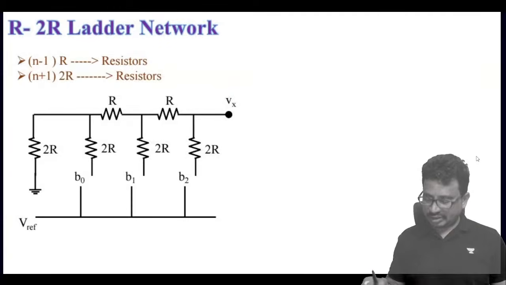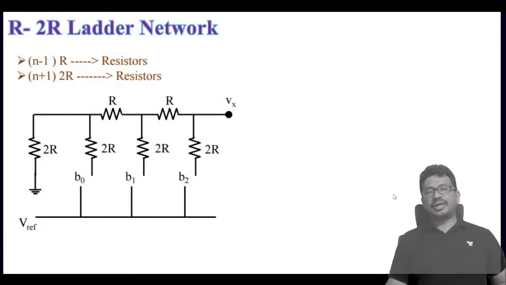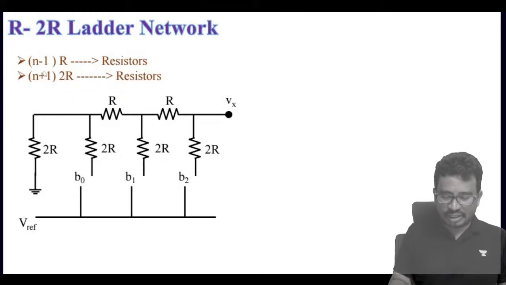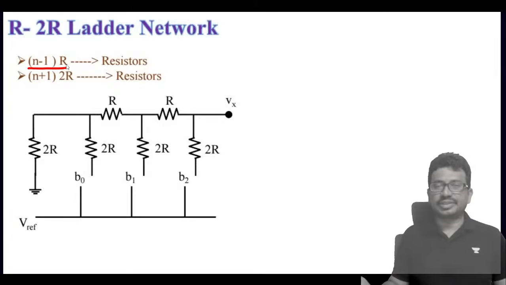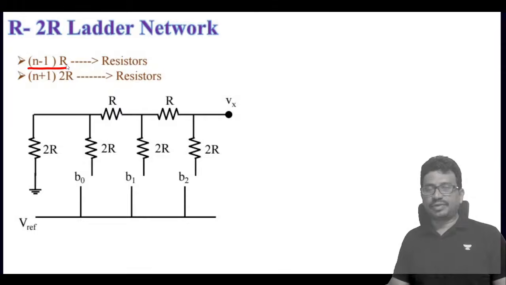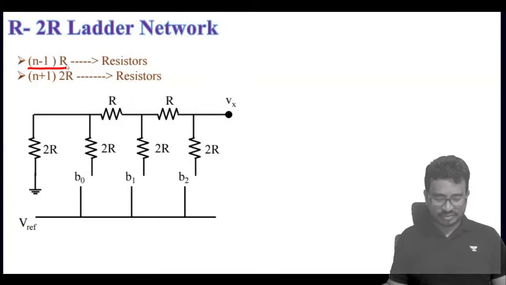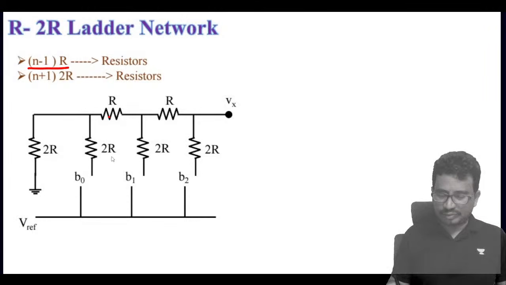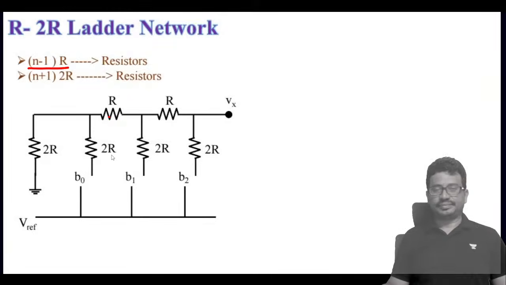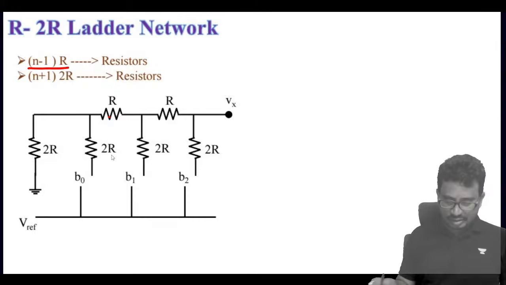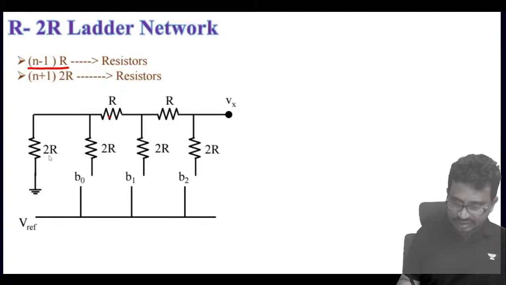Now you can see the R to 2R ladder case. In the R to 2R ladder, we have n minus 1 R resistors and n plus 1 2R resistors. Here we have one extra grounded 2R resistor.